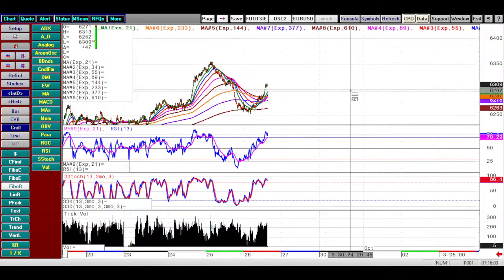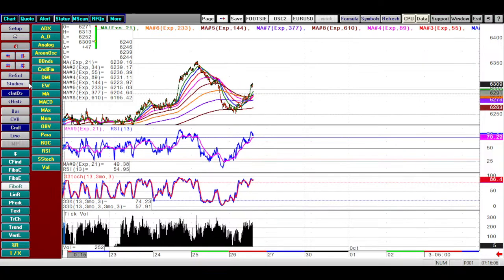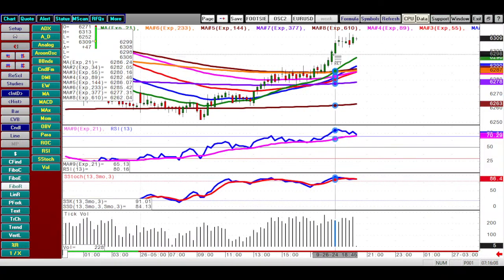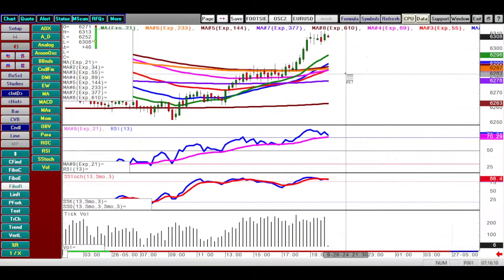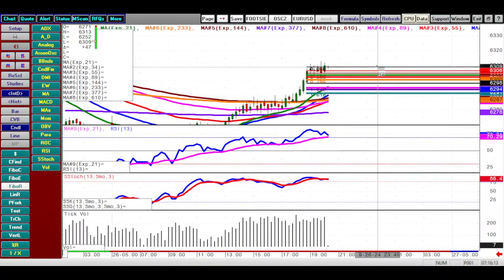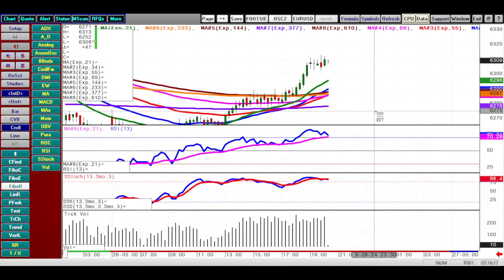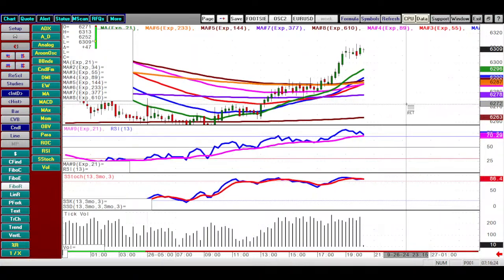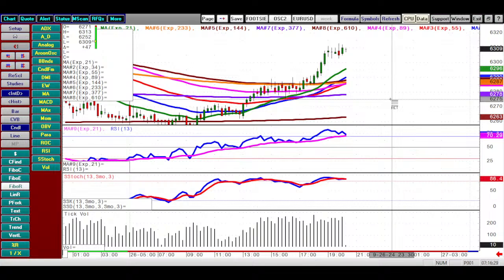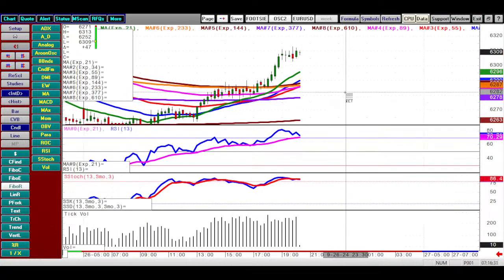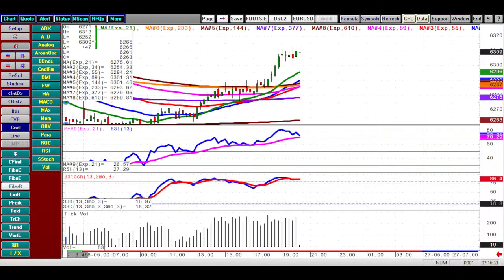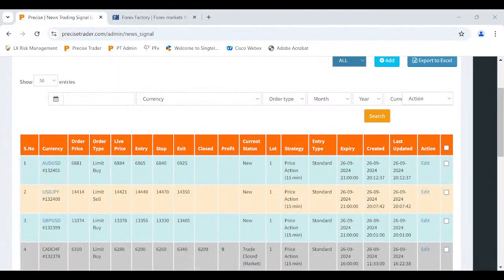So we try to enter at 62.85 or 95. Let me see whether we can do an extension. Yeah, 80 or 90. I think 90 should be okay. Then our stop loss we'll try to put at 65. Now I think we have an answer.